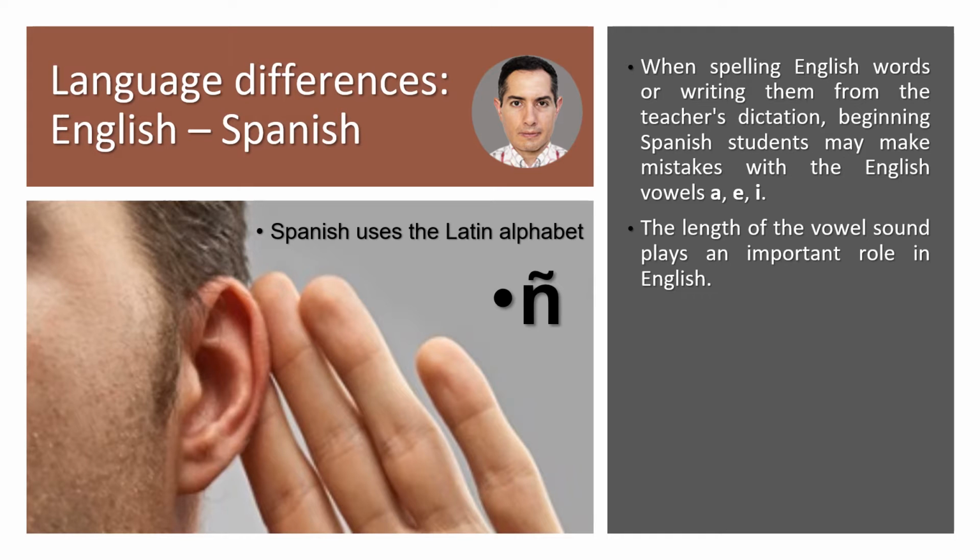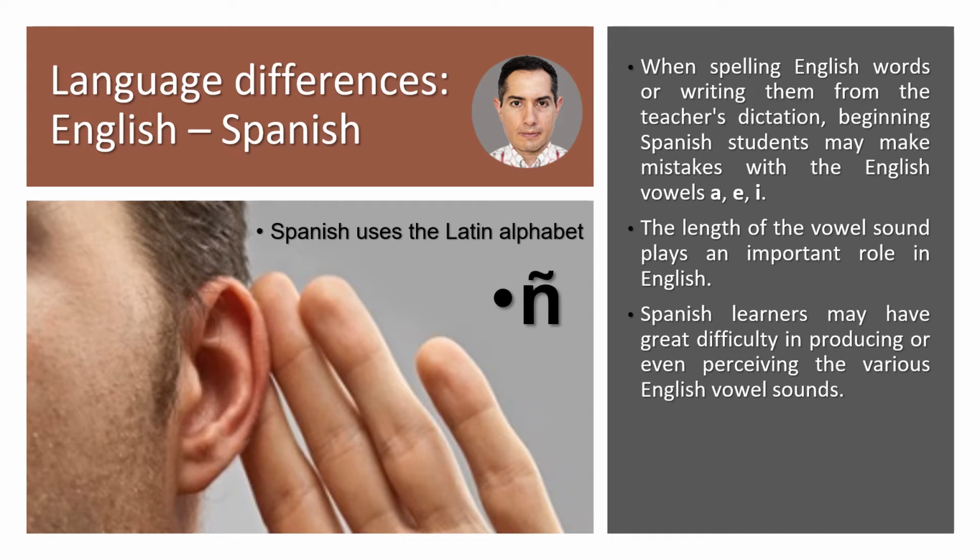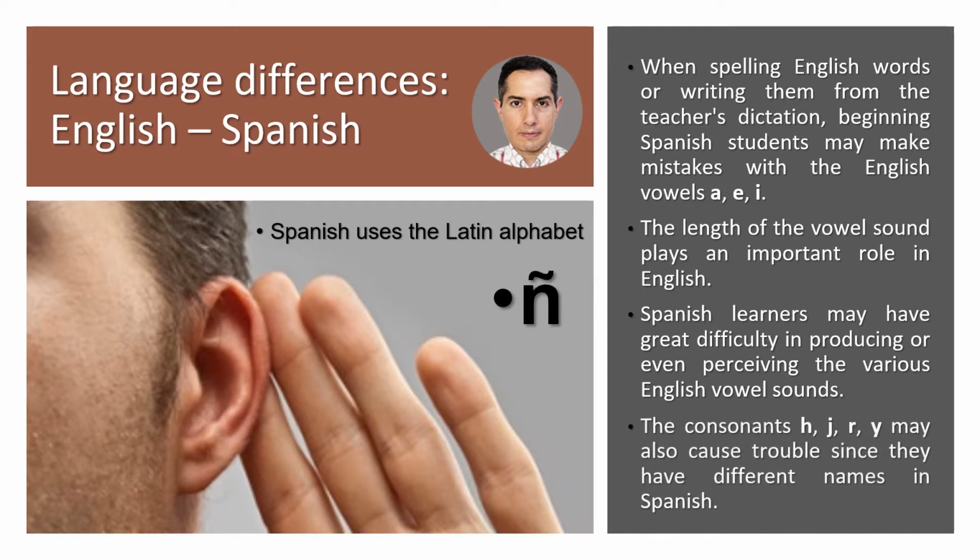It is not surprising, therefore, that Spanish learners may have great difficulty in producing or even perceiving the various English vowel sounds. The consonants H, J, R, Y may also cause trouble since they have significantly different names in Spanish.